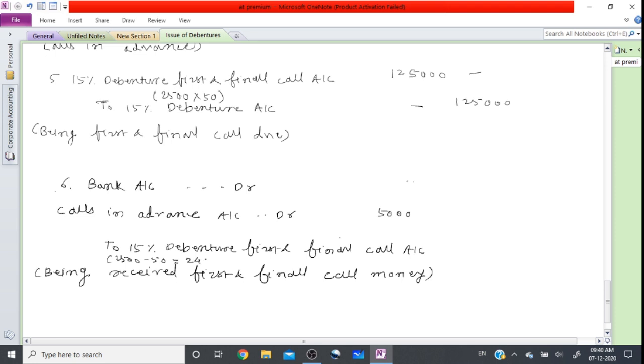It will be 2450 into 50. 50 is the final call money, so it is 1,22,500. And we know that every debit has a corresponding credit, so bank account 1,70,500 goes to the bank.